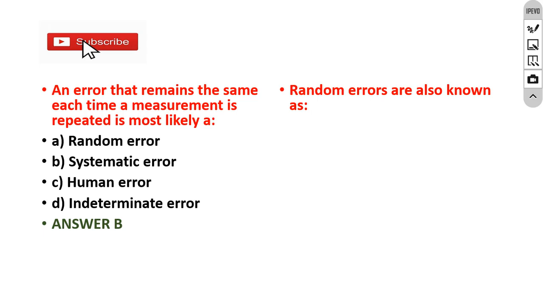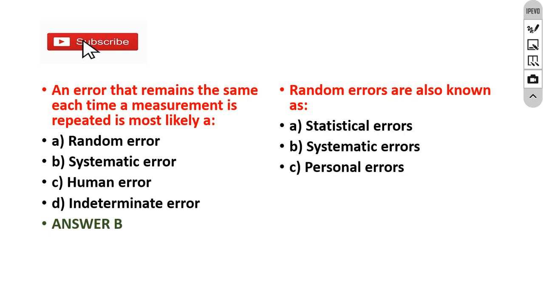Random errors are also known as: statistical error, systematic errors, personal errors, zero errors. The correct option there is option A. Random errors are also known as statistical error.